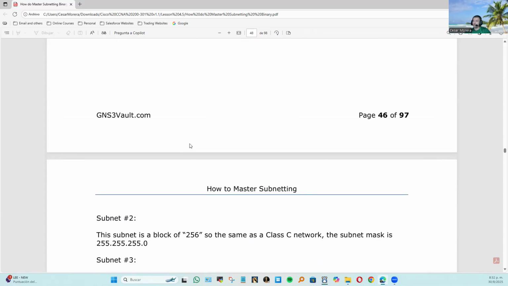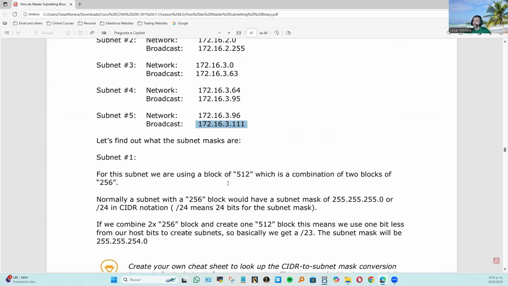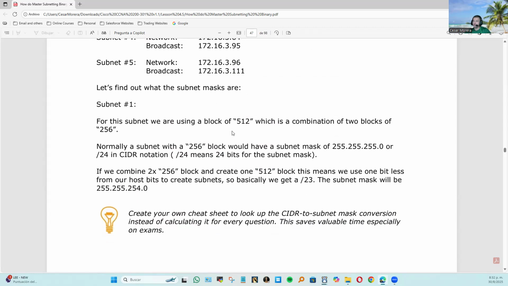And this is the calculation for the subnets. For the first one, you have 512. So just subtract. Now, normally the 250 block would have a mask of 255.255.255.0. We combine 250 by 2 and we create the 512.